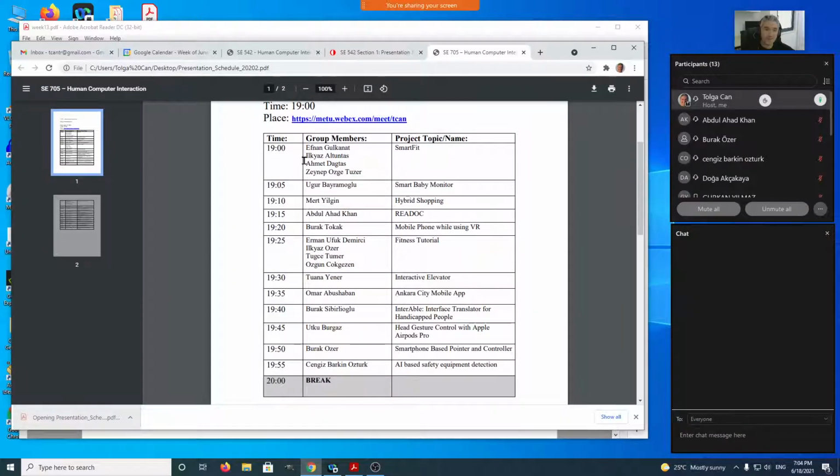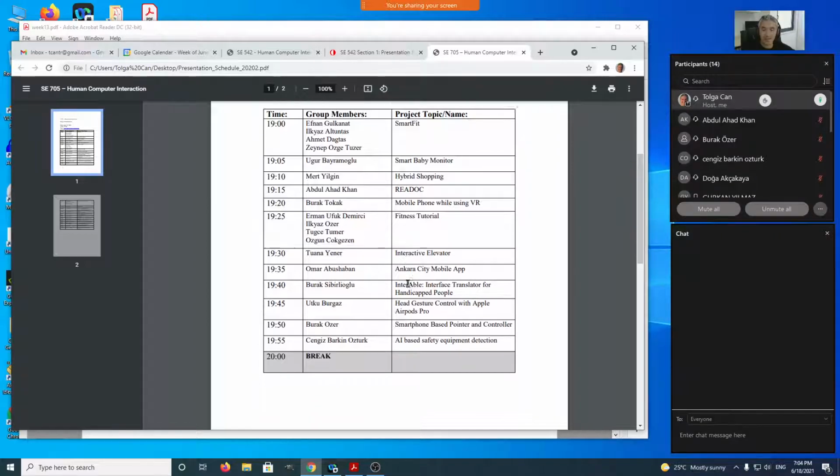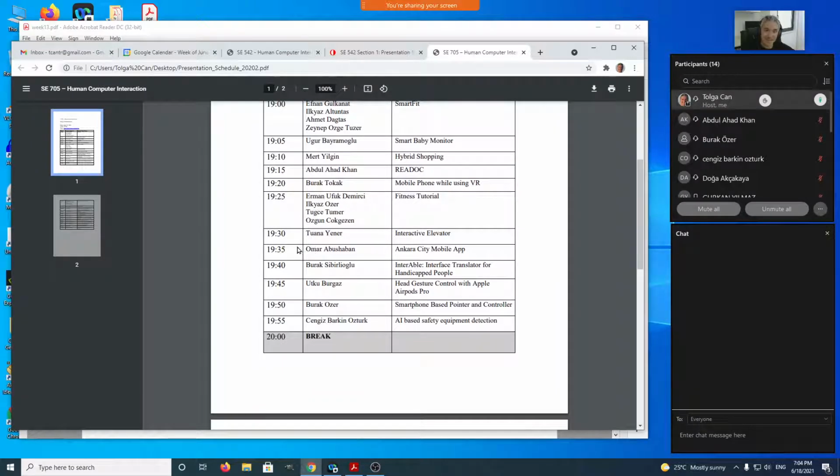So it's 5-minute slots per group, per project, but delays may happen. Some presentations may finish early. So do not expect to have your presentation exactly at that time.